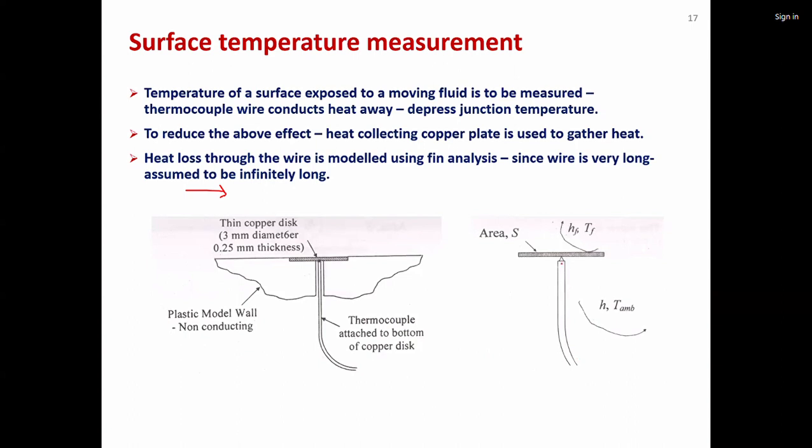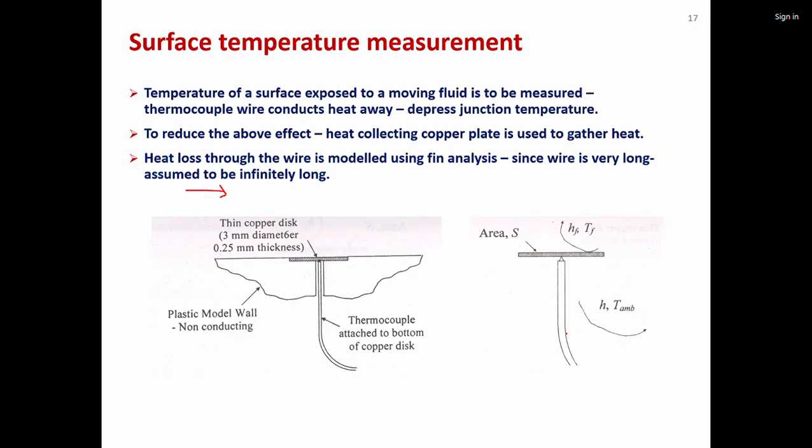That is exactly what is happening here. So if you want to analyze the heat transfer in this scenario, you have to take this wire as an extended surface or a fin. So we are analyzing this thermocouple as a fin, as I will present subsequently.